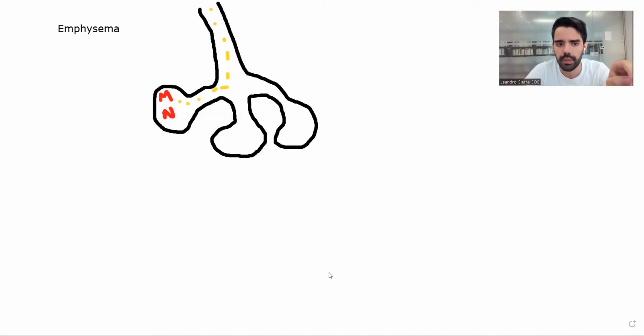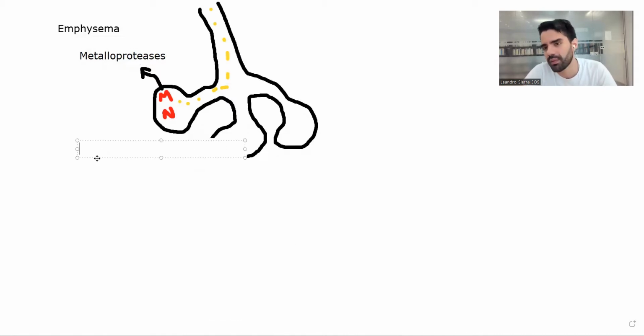For example, macrophages produce a lot of metalloproteases, I think the most common, and the neutrophils produce elastase and a lot of other things.